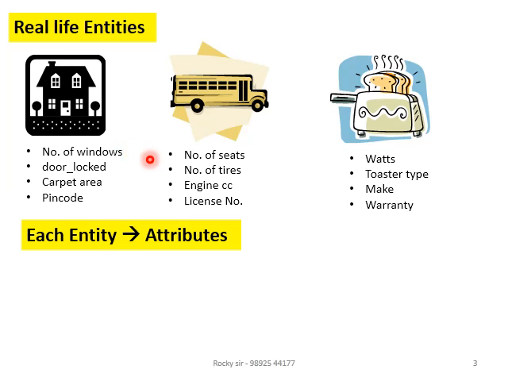The house is having attributes like number of windows. The door_locked variable indicates whether the door is locked or not. A carpet area, the pin code which means the address of the house. A bus would have some attributes like number of seats, number of tires, an engine capacity, a license number, and something similar to these could be the properties of a toaster.